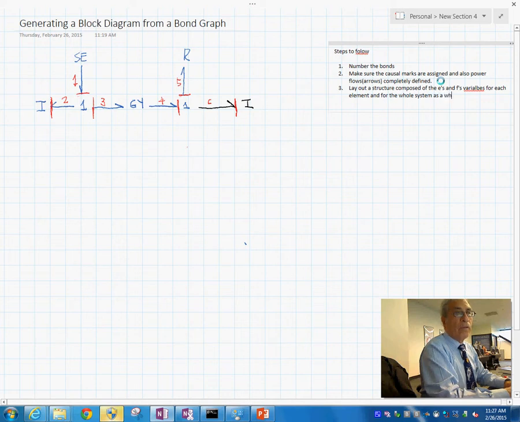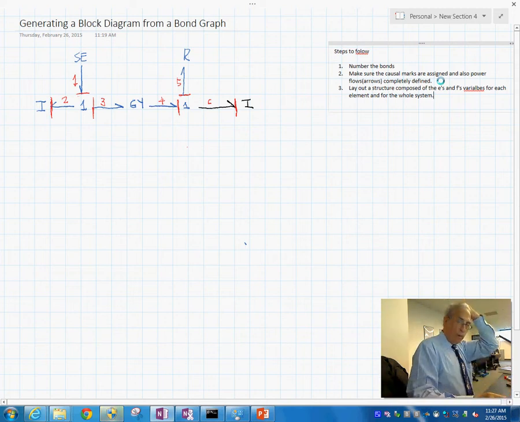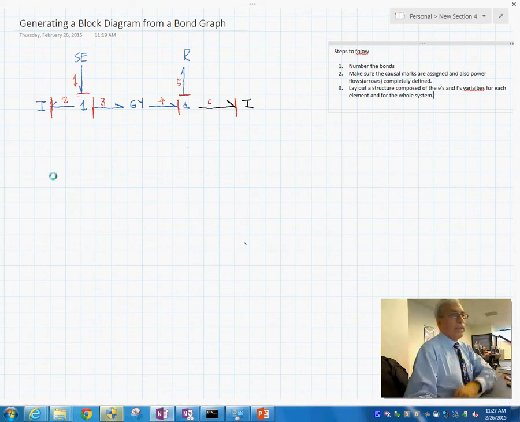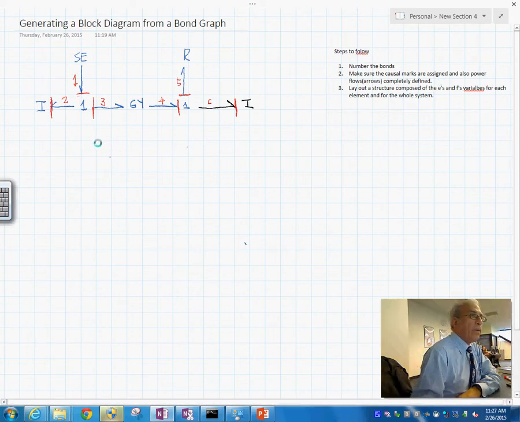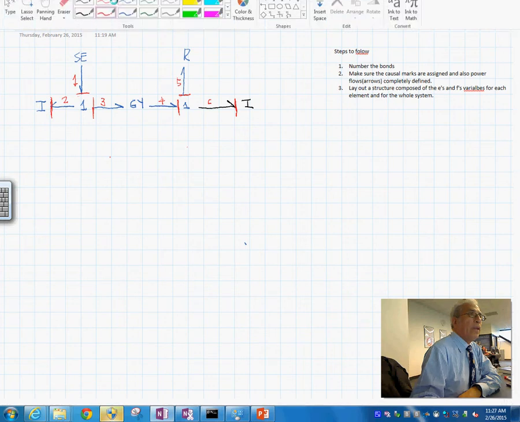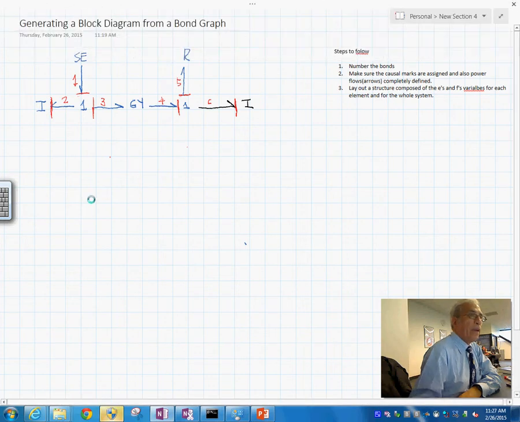So what I'm saying here is that you need to lay out the structure skeleton, if you want to say it that way, which will have this structure in here.